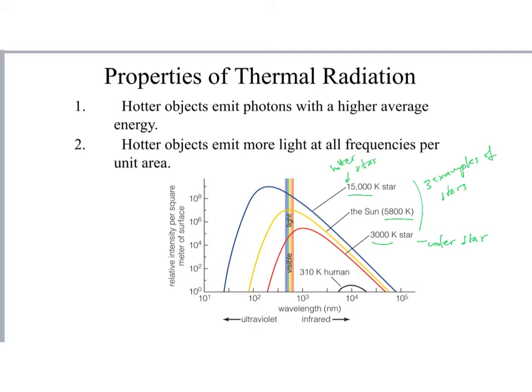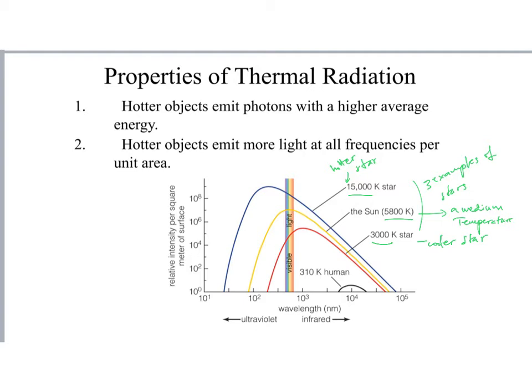And this is just the sun, a medium temperature star. So we have the curves in 3 colors: the blue for the hot star, the yellow for the sun, and the red for the cooler one.